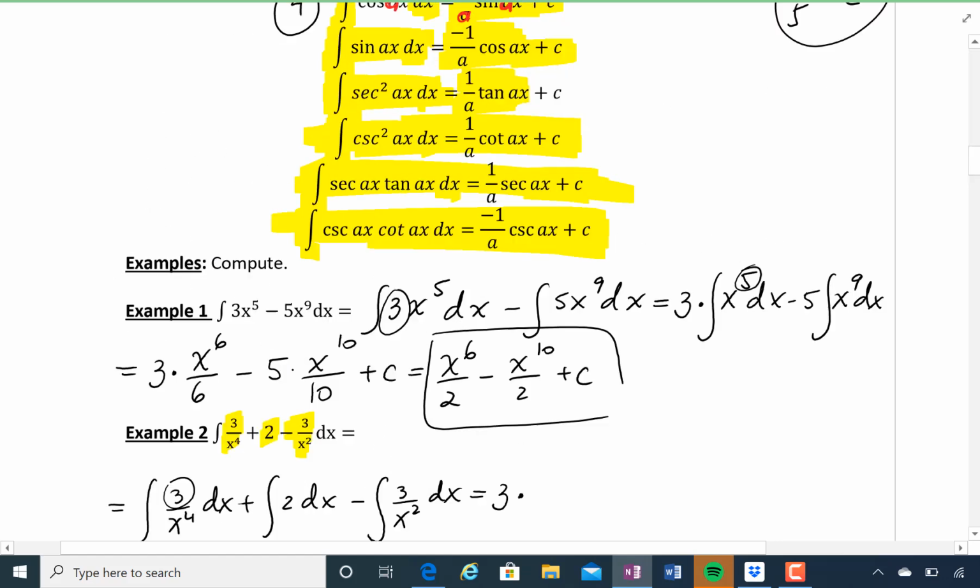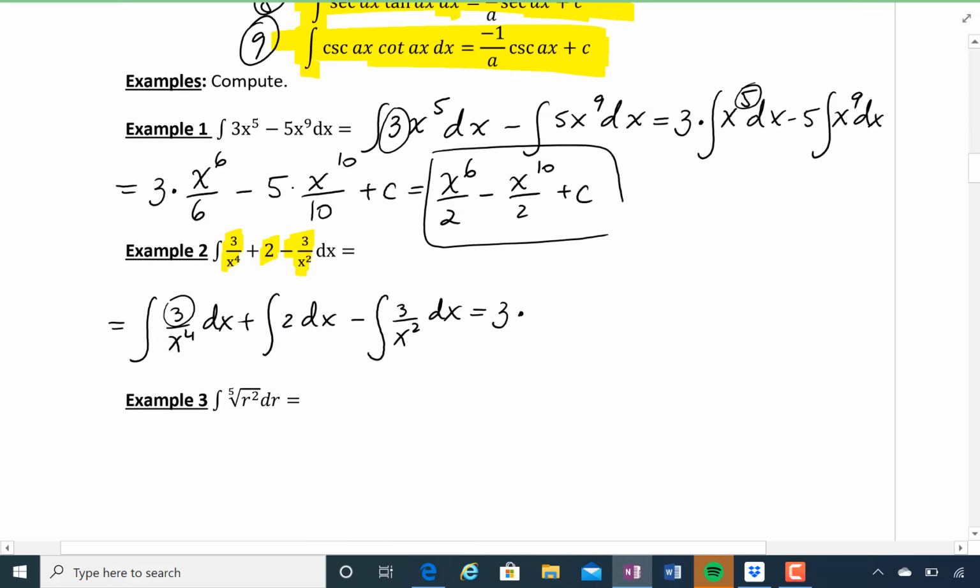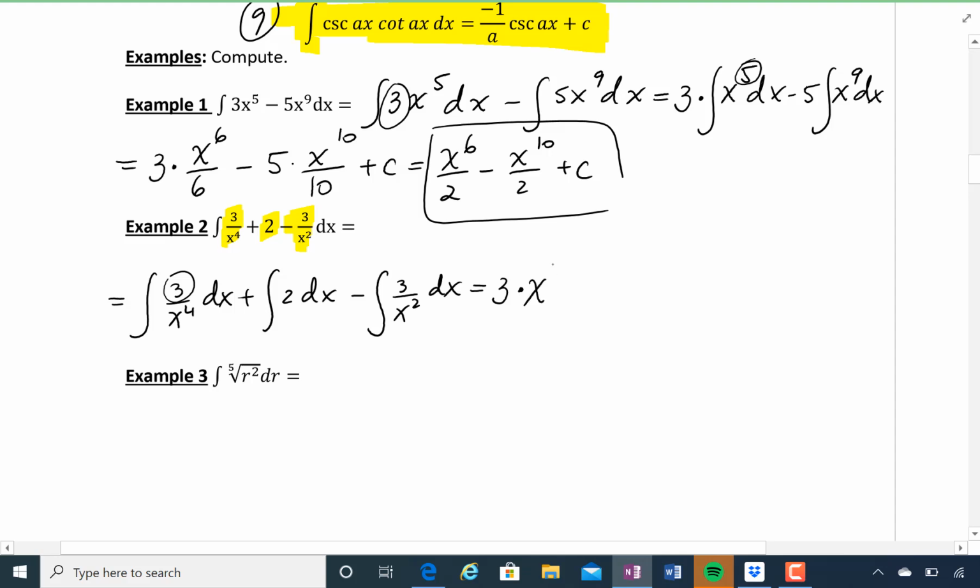In the formula list here, 5, 6, 7, 8, 9, I don't have any that have powers at the bottom, but I can write integral of x to negative 4 dx, plus 2 integral of, well, what is left if I move the 2 out?